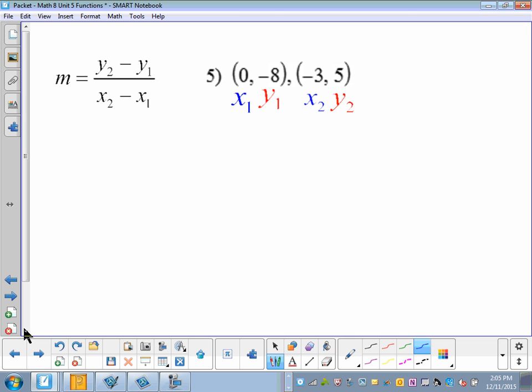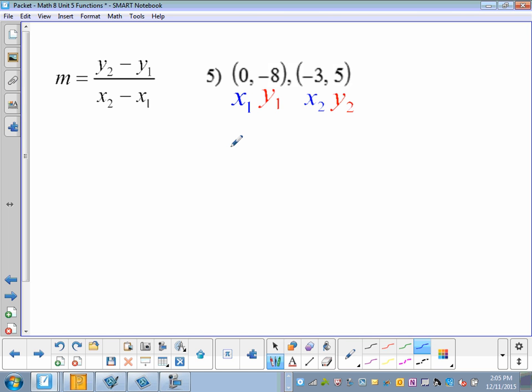Number 5, we have the points 0, negative 8, and negative 3, negative 5, and we're going to find the slope. The first point we're going to call x sub 1 and y sub 1, and the second point x sub 2, y sub 2. Now we plug them into the slope formula.